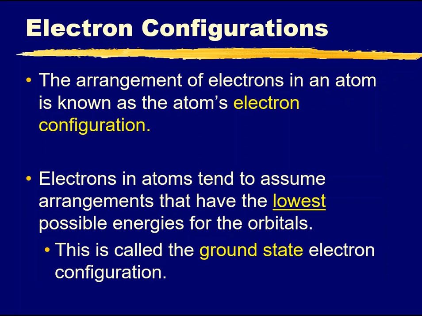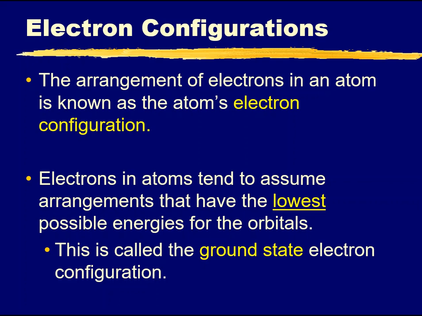Before we get to that, though, let's talk some electron configuration lingo. The arrangement of electrons in an atom is known as its electron configuration. Electrons in atoms tend to assume arrangements that have the lowest possible energies for the orbitals. What you have to consider about chemistry, and this goes for most chemistry concepts, is that atoms and molecules are looking for the lowest energy state possible.